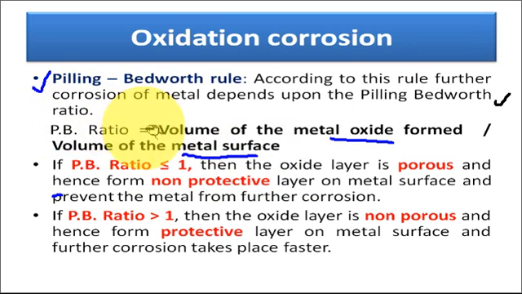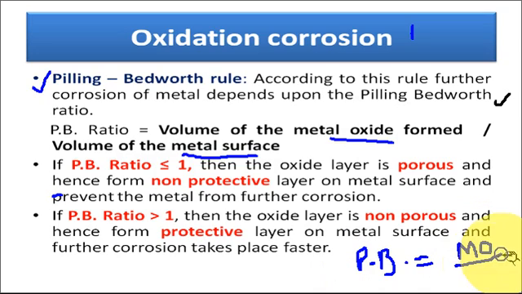So, what is the PB ratio? PB ratio is the ratio of the total volume of the metal oxide divided by the total volume of the metal, right? So, let us discuss if the PB ratio is less than 1. What does less than 1 mean?